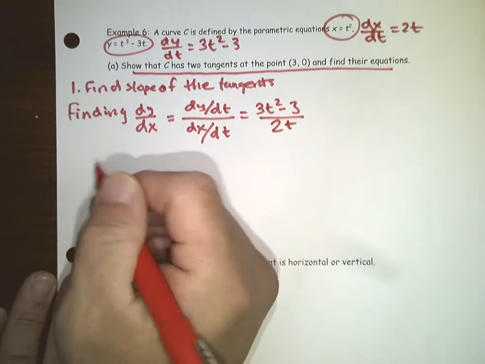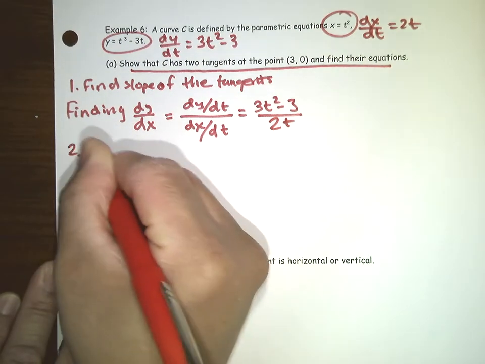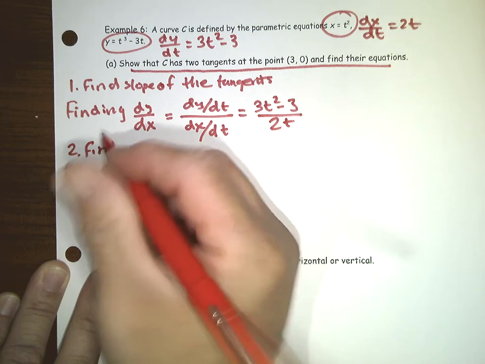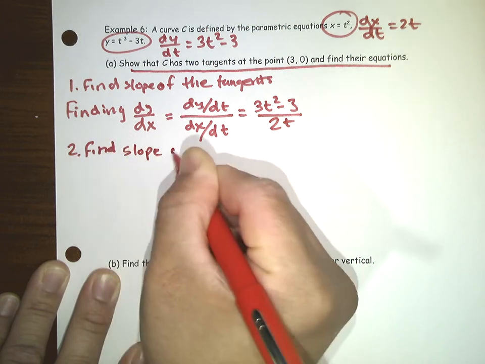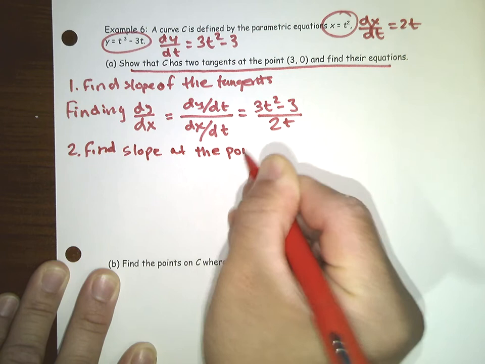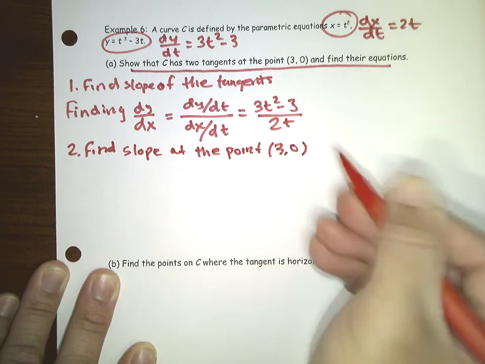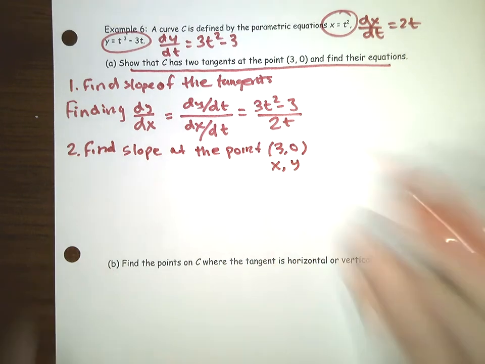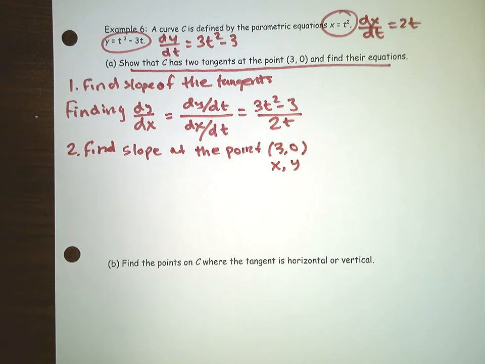Now we need to find the slope at the point (3, 0). How are we going to do that? The real issue here is that we don't know what t is.